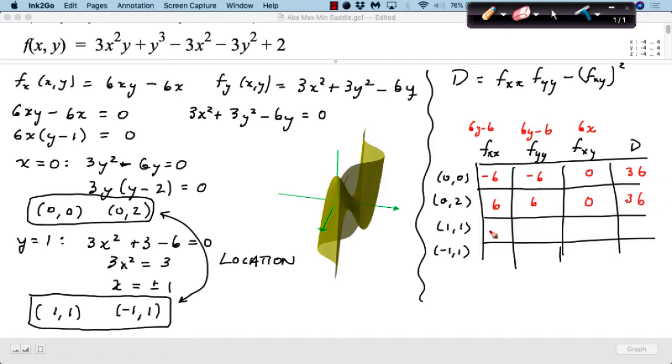At 1, 1, negative 6 and 6 makes, what's one of those that is 0? Negative 36. Finally, negative 1, 1, that's still negative 36. Minus negative 6 squared, still negative. The first one should be negative 12.